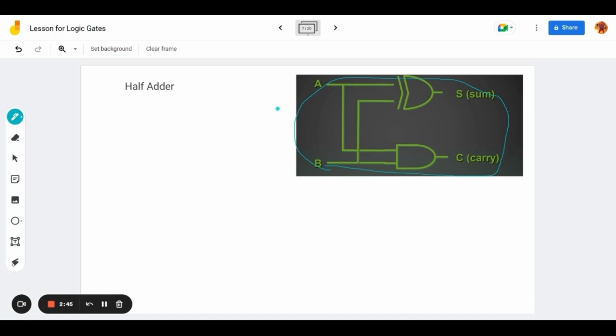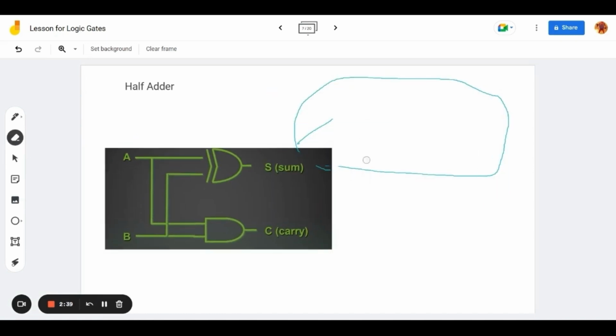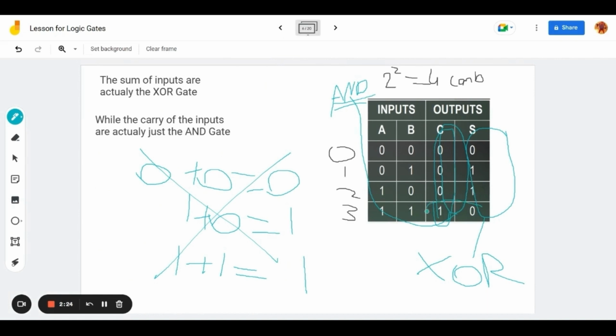So let me just show you an example of this. If I were to plug in one here and one here, the answer I should get is 1 0, as shown over here.